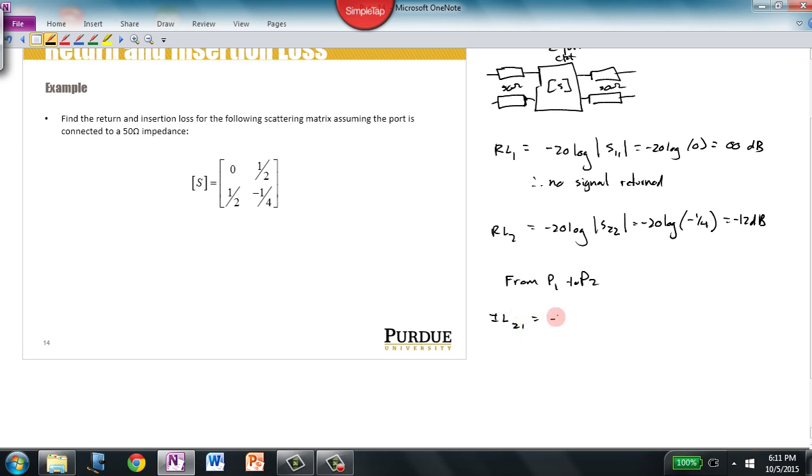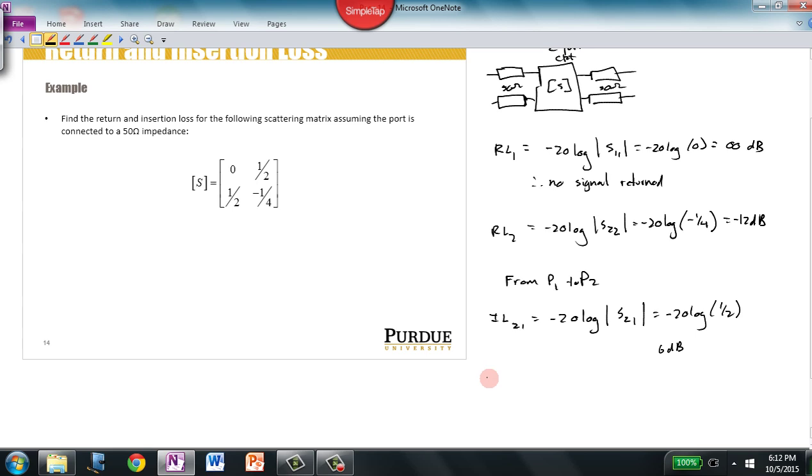It's going to be minus 20 times the log of S21, which is the power that makes it to port 2 from port 1. And that is going to be equal to minus 20 log of 1/2. And so that's going to be 6 dB of insertion loss.